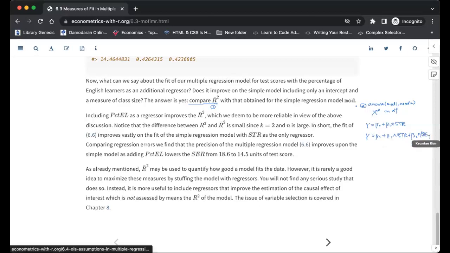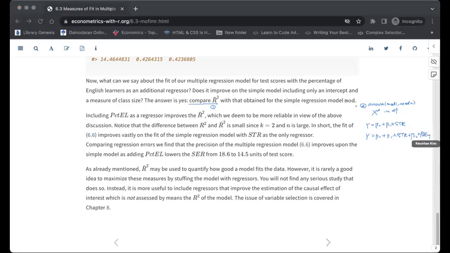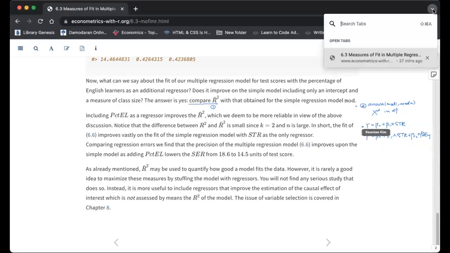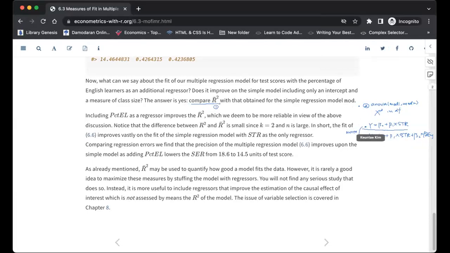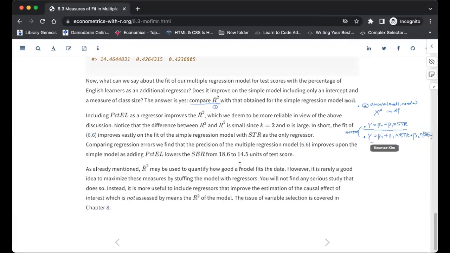Compared to this second model, the simple model is what we call nested within the multiple model.